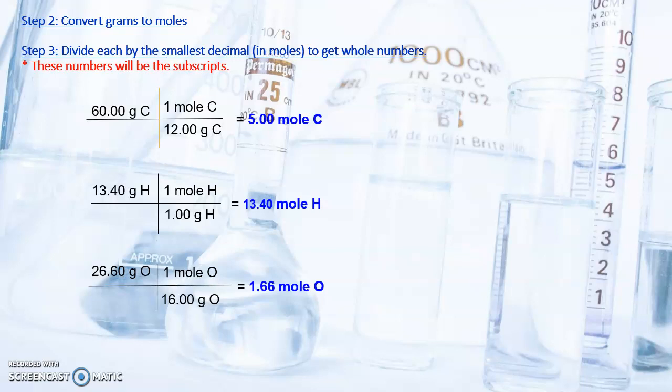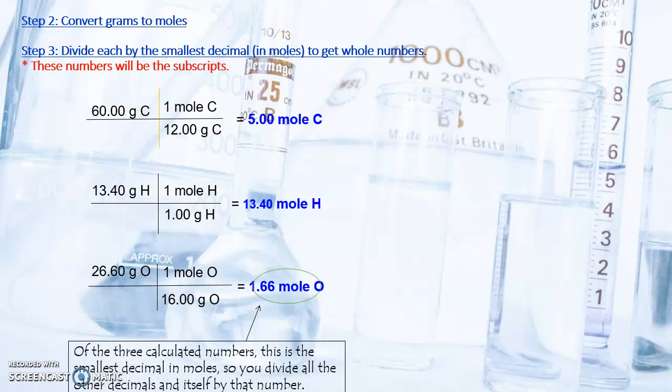So what is the next step? The next step is to identify which among these 3 values is the smallest. Obviously, that's 1.66 moles of oxygen. This is the smallest number of moles. So you divide all the other values and itself by that number.